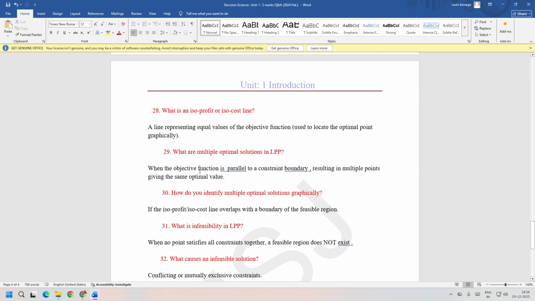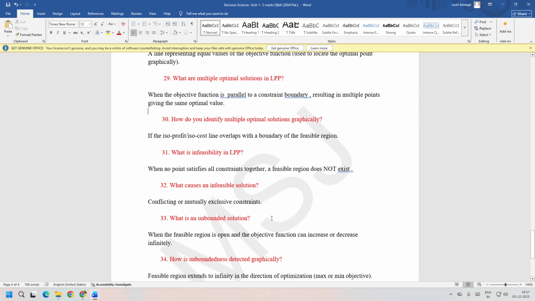When the objective function is parallel to the constraint boundary, resulting in multiple points giving the same optimal value, that is called a multiple optimal solution. How do we identify multiple optimal solutions graphically? If the isoprofit or isocost line overlaps with a boundary of the feasible region.